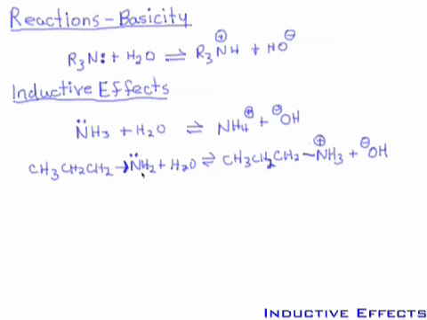The net result of this is nitrogen, being somewhat electronegative, derives most of its electron density from this carbon, meaning it has to pull back on the lone pair to a lesser extent. It's obtaining more of the electrons it needs from the carbon. The electron donating effect or releasing effect from the propyl group makes the lone pair more available. Being more available means it protonates easily.